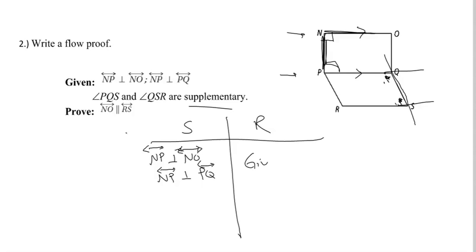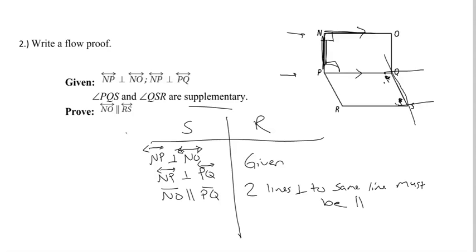That's just given. Therefore, I know NO is going to be parallel to PQ. And that is two lines perpendicular to same line must be parallel.